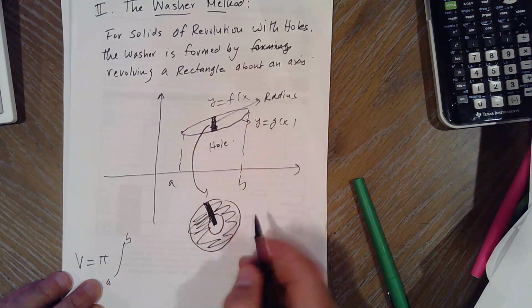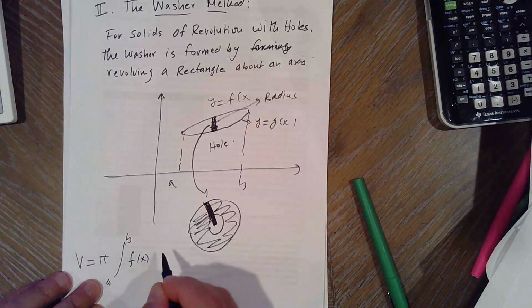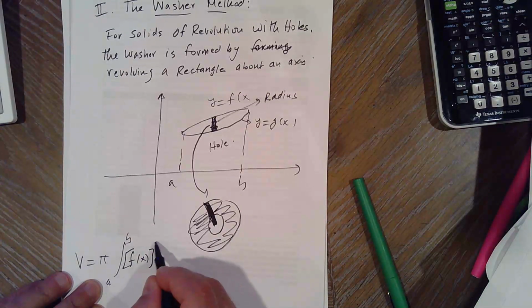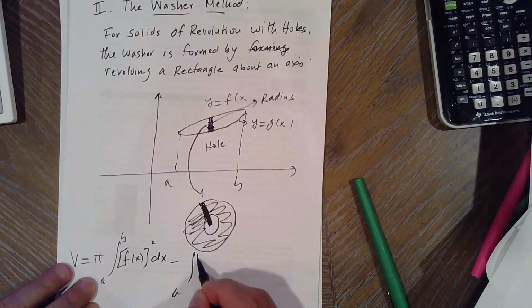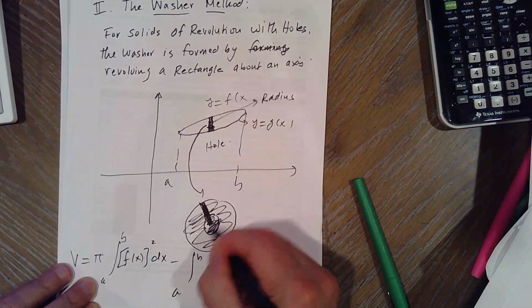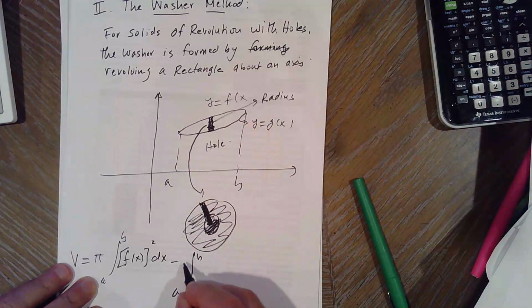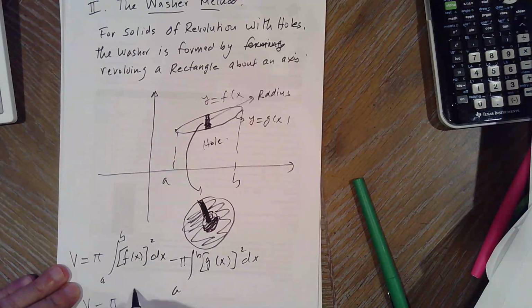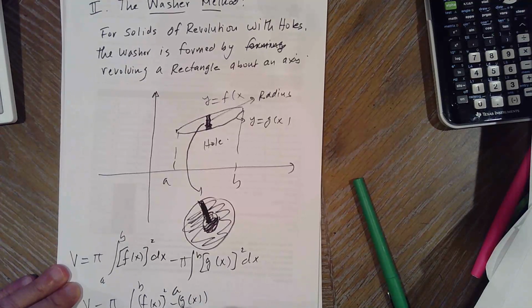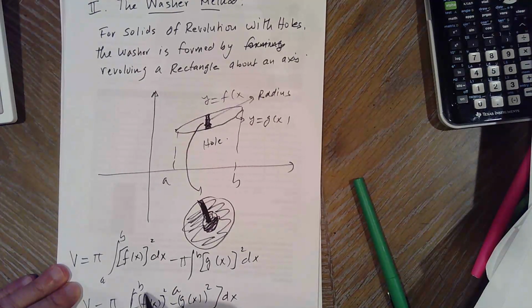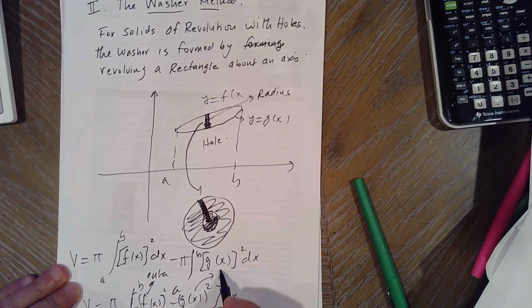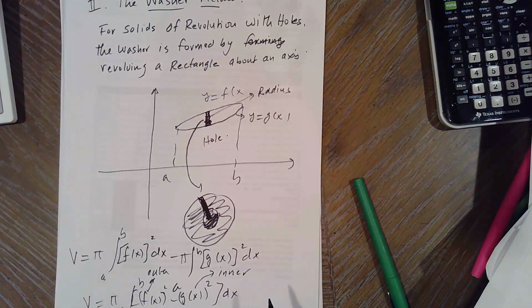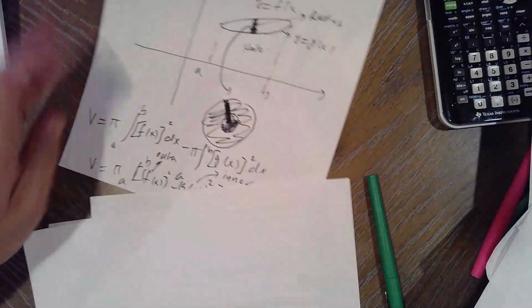So it'll be pi f of x squared dx minus the volume of the smaller, which would be the inner one, pi g of x squared dx, which would be written as pi integral a to b of f of x squared minus g of x squared. We factor out the pi. So this would be the outer, and this would be the inner. Okay, outer minus inner.